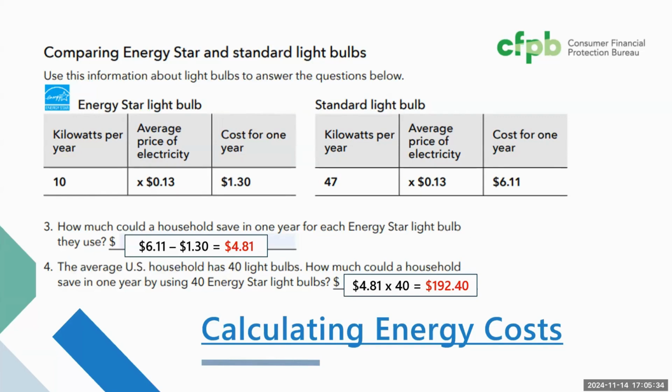But the idea here is that while the in-the-moment cost for one might not be worth it for you, we have to look at the big picture of those total costs. And saving $200, ask your mom or dad or adult in your life if they want to save $200 a year. My answer is yes.